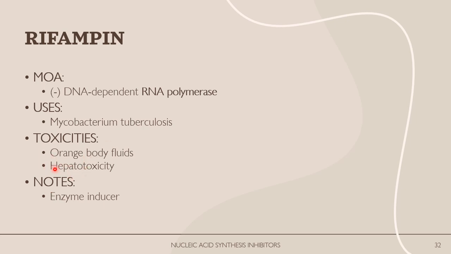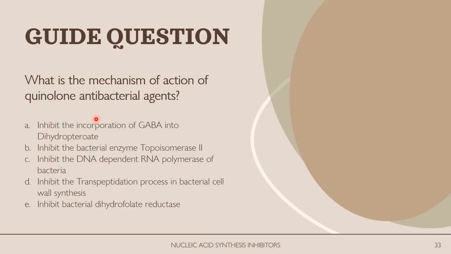They can also cause hepatotoxicity. Rifampin and rifampicin are potent enzyme inducers. I hope by now you know the effect of an enzyme inducer if it is co-administered with a second drug. Let us answer our guide question.